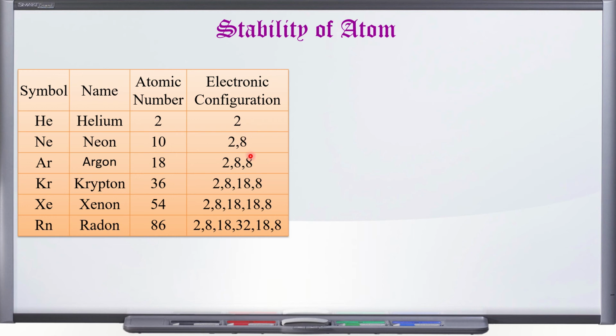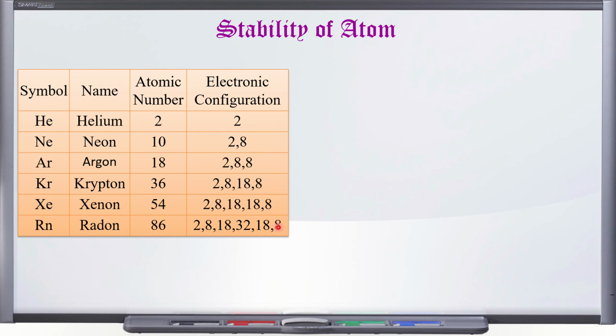I told you that the last shell of an atom can be the second shell, third shell, fourth shell, fifth shell, or any shell. But if it is the last shell, then it cannot contain more than 8 electrons. All of these have 8 electrons on their last shell.